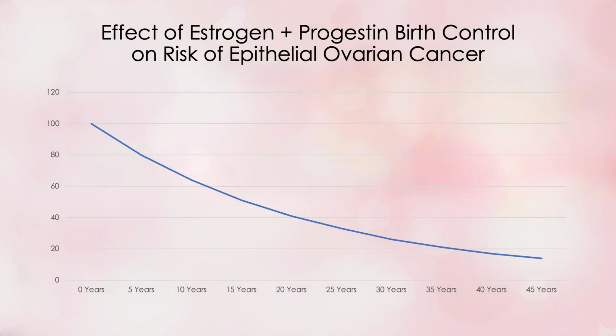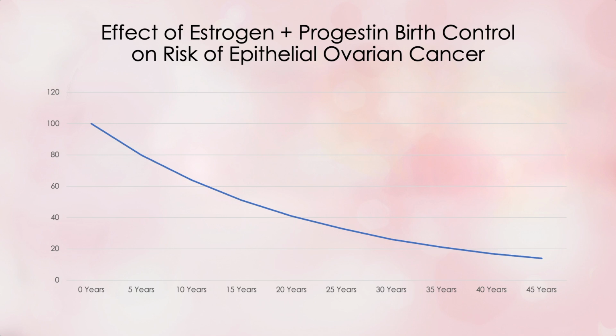Here you see a graph that depicts the degree to which you decrease your risk of epithelial ovarian cancer according to how long you took estrogen plus progestin birth control. Along the horizontal x-axis, I've listed time in increments of 5 years. I've included time frames from 5 to 45 years because 45 years is about the longest you could take birth control.